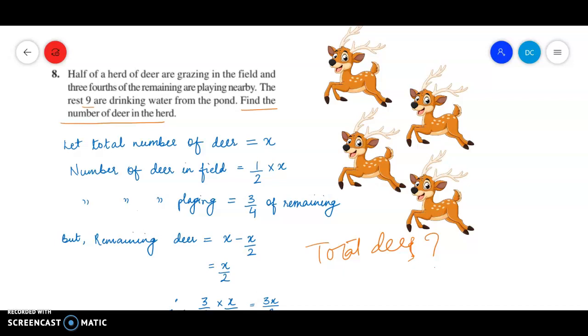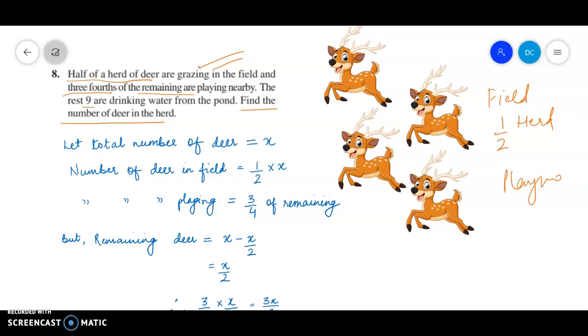So the question says that half of a herd of deer was on the field grazing. Okay, so let us see how to solve this. First, say we'll take the field, and here half of the herd was grazing. Remaining: 3/4 of the remaining were playing nearby.